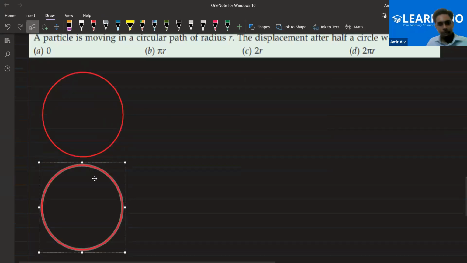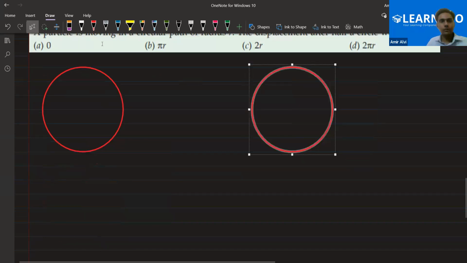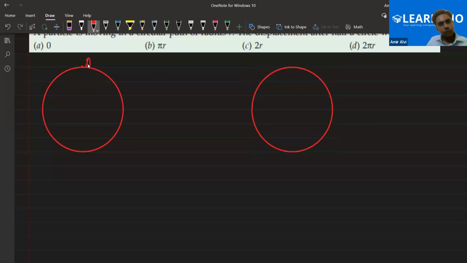So suppose this is point A and the radius of this circle is R, that is already given in the question. Okay. So if we talk about distance first, and displacement, for the full round.